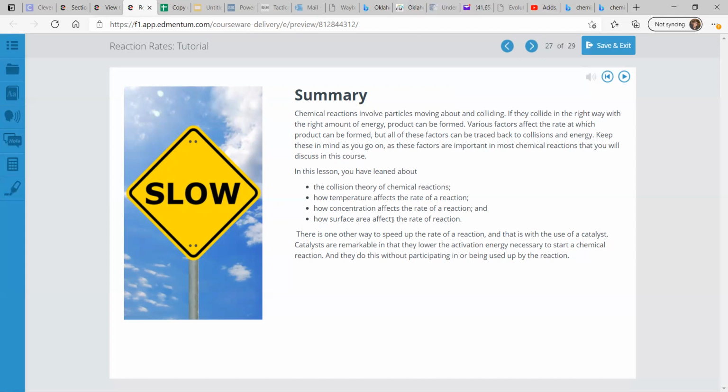And there is one other way to speed up the rate of a reaction, and that is with the use of a catalyst. Catalysts are remarkable in that they lower the activation energy necessary to start a chemical reaction, and they do this without participating in or being used up by the reaction.